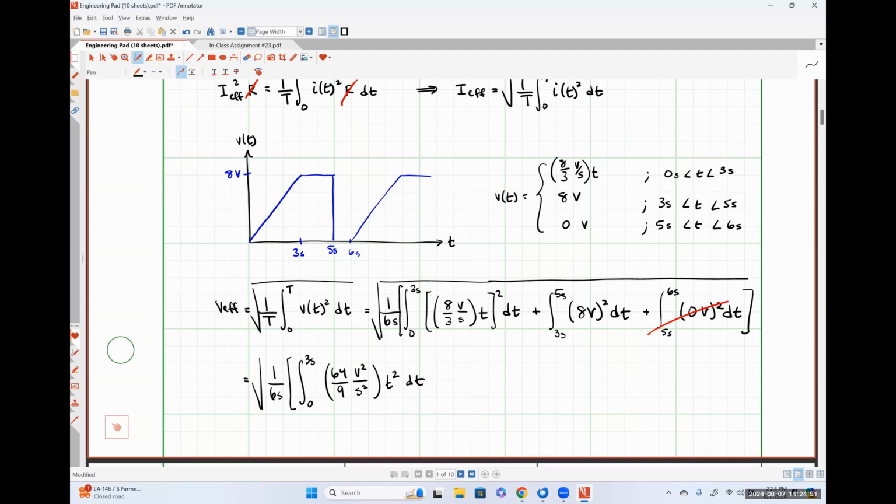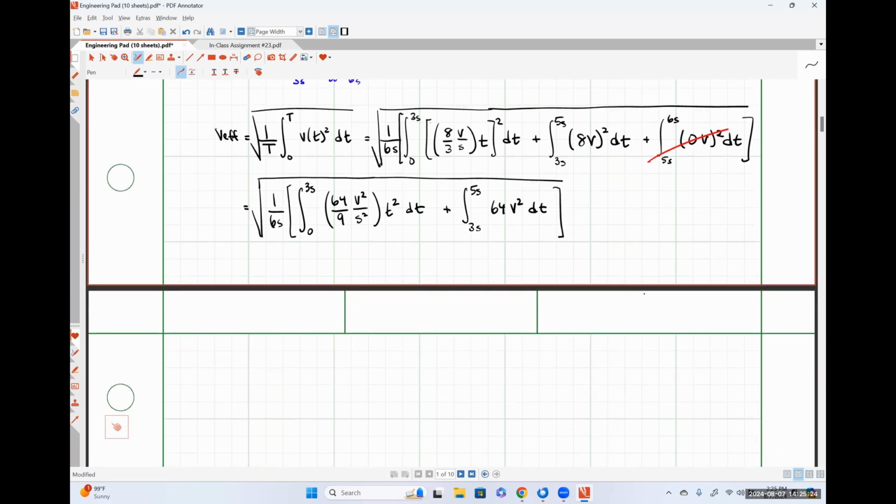That's literally just me squaring our voltage signal for that interval. And then we're going to have plus the integral from 3 seconds to 5 seconds of 64 volts squared dt. Anybody have any questions about my math yet? Oh, and I should close this bracket.